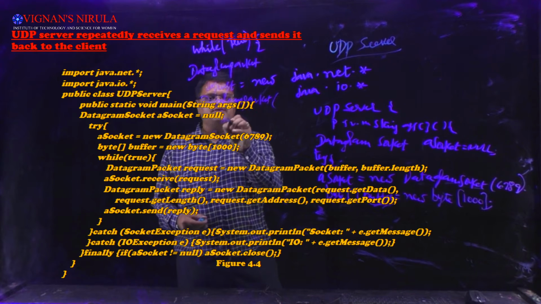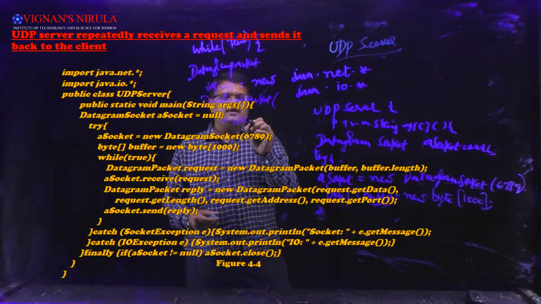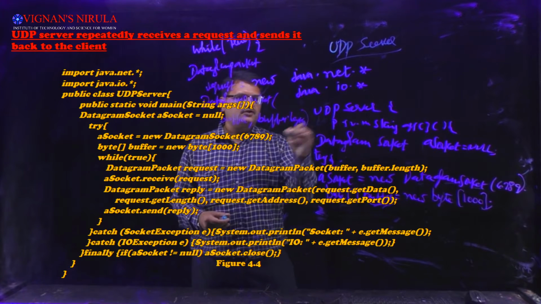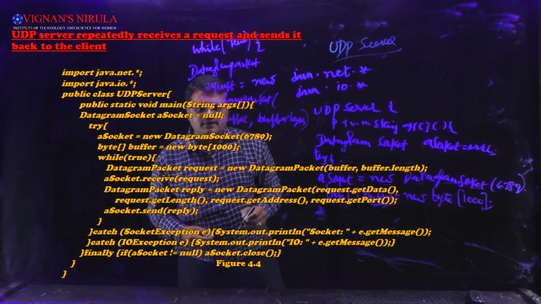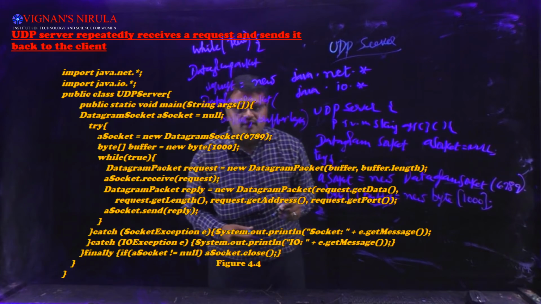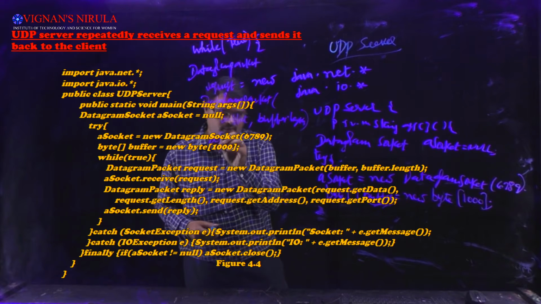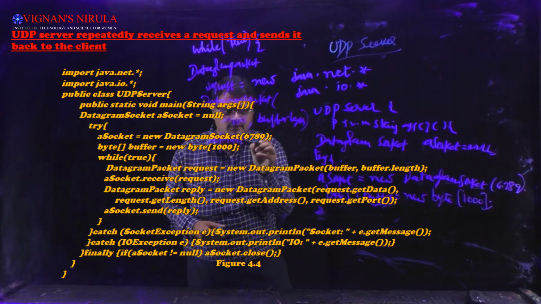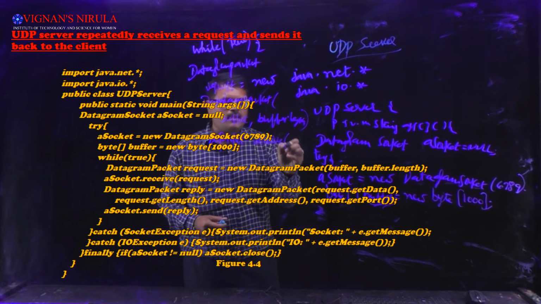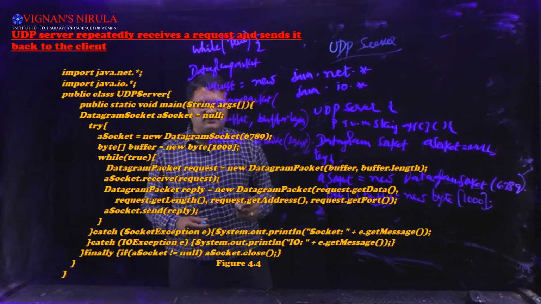That means the arguments to the DatagramPacket constructor are buffer, buffer.length. After that, aSocket.receive(request). So the request which is given by the client is now received by the receiver.